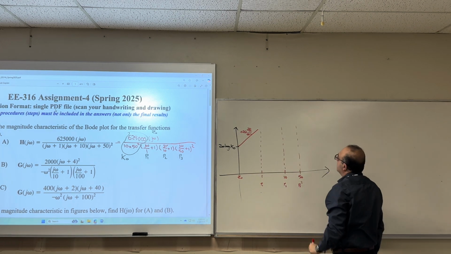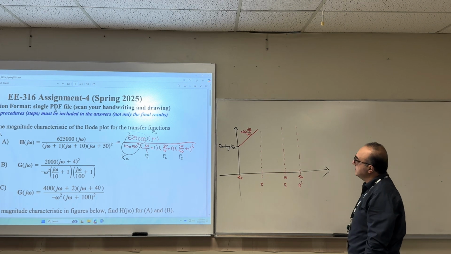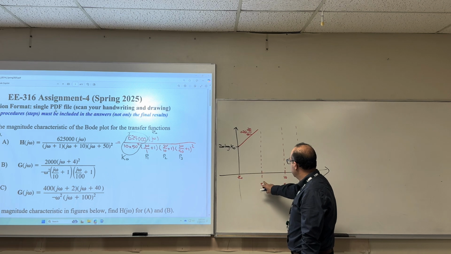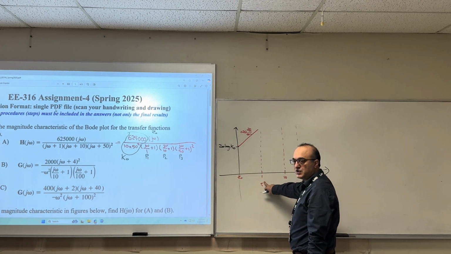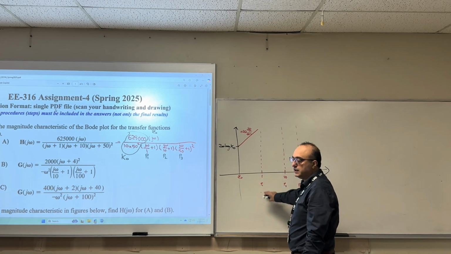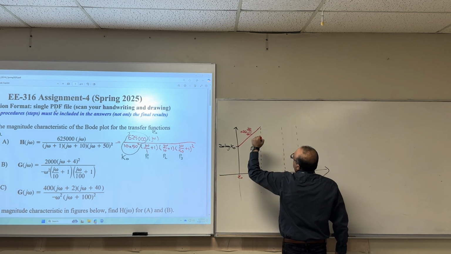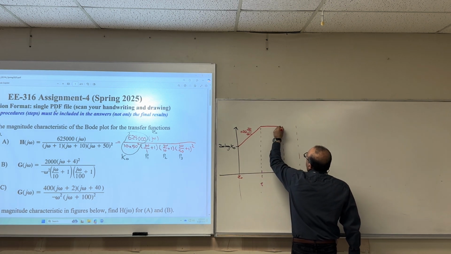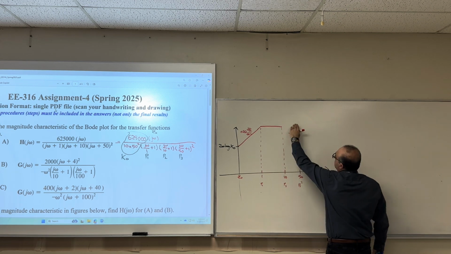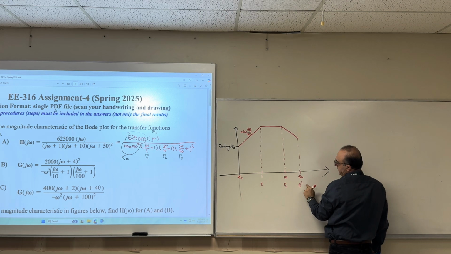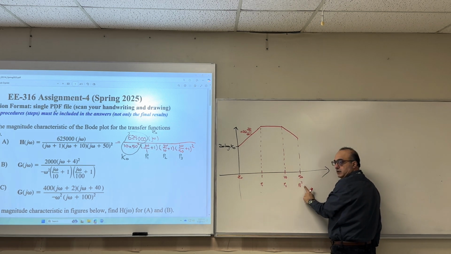Help me to draw it faster. So the next thing is a pole here at this frequency. The power of 1 is reduced by minus 20. It is positive plus 20, so it's going to be flat. Then another pole here is going to be reduced by 20. Here, 2 poles.